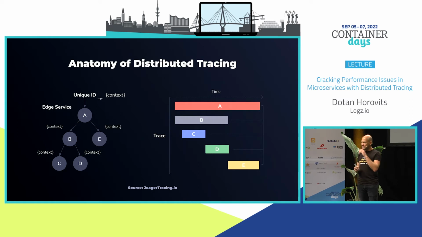And maybe the last term that I would like to mention in that context is sampling. For performance reasons, for efficiency reasons, we typically don't collect 100% of the traces, but rather a sample. And you can determine the sampling policy. For example, you can say, I want to collect only 0.1% of all the traces and store them and analyze them.